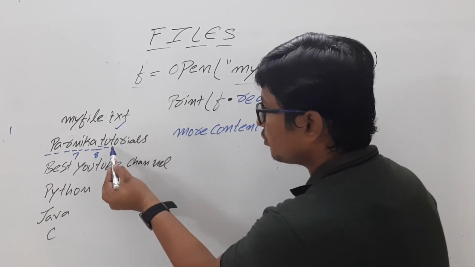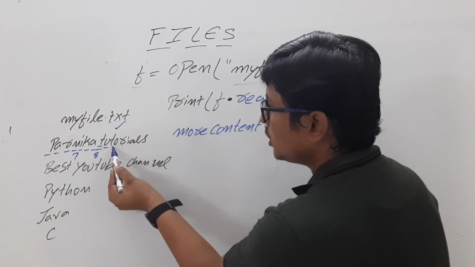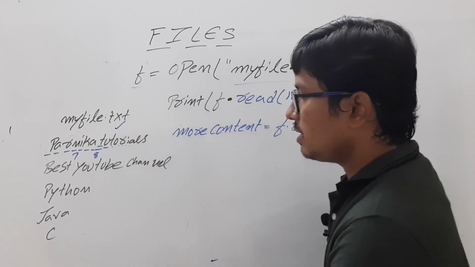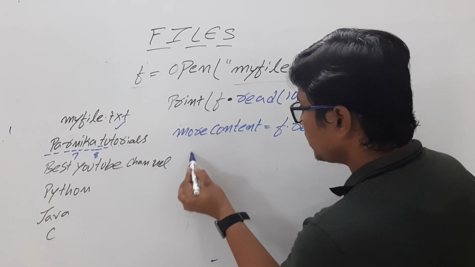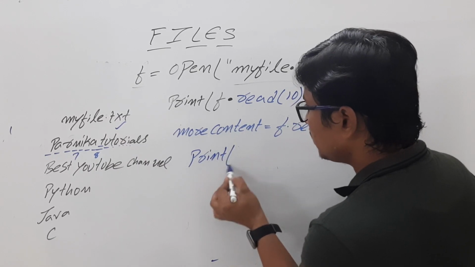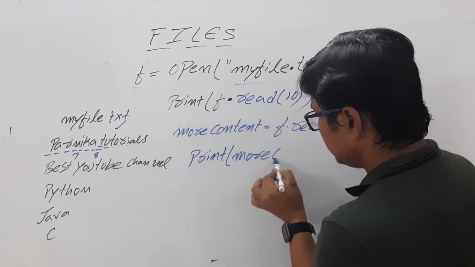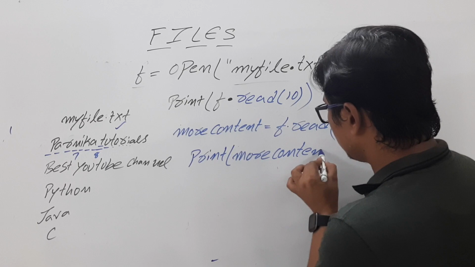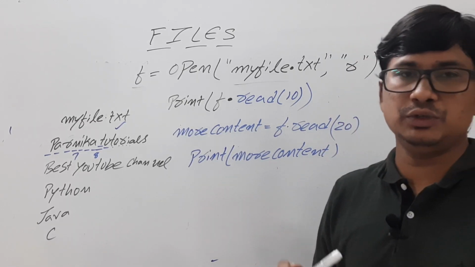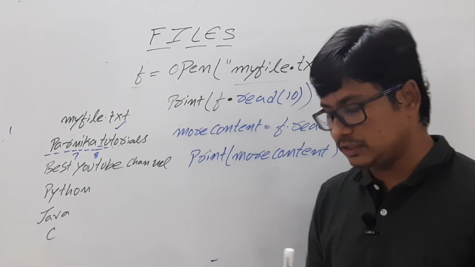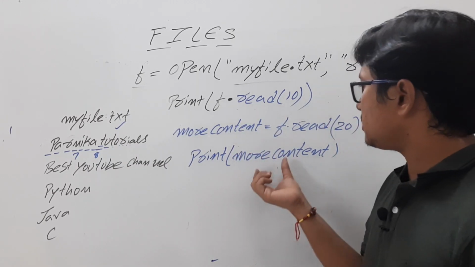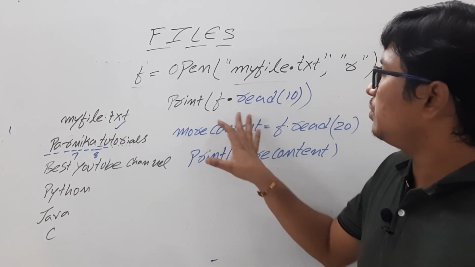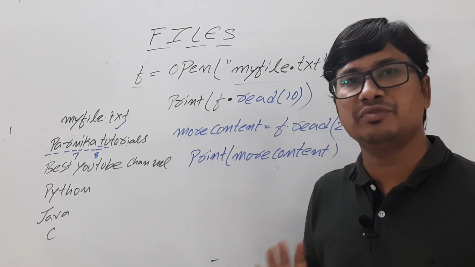It will start from TORIALS and go on up to 20 characters, BEST and so on, and then you display that content. So first it reads the first 10 characters, and the next 20 characters will be stored here. This is the way you can read the information from the file.